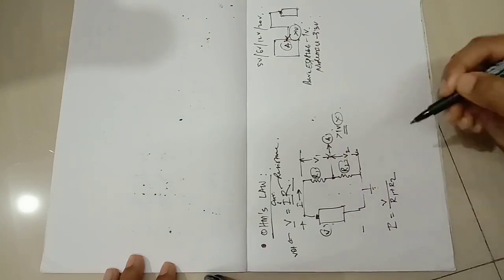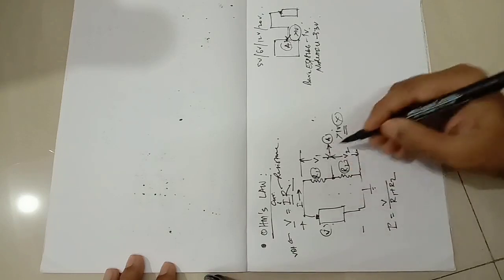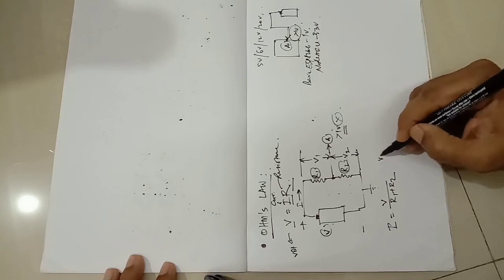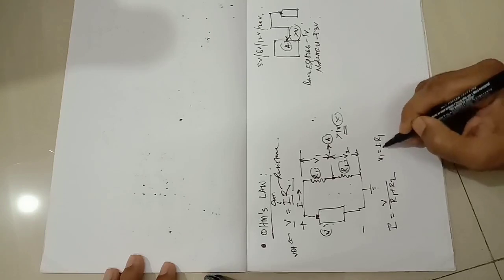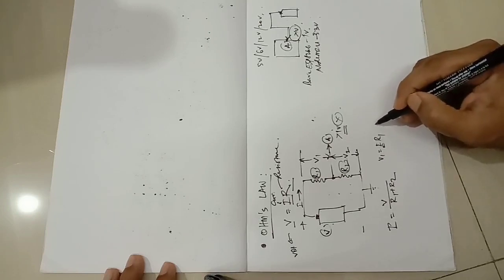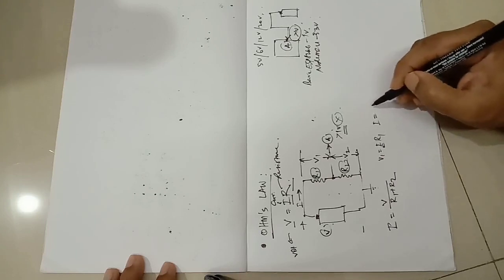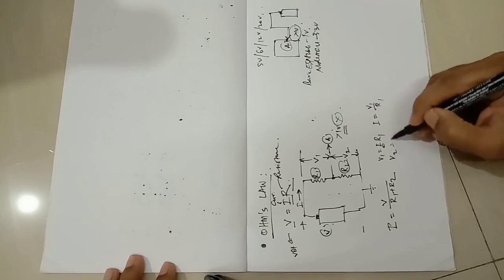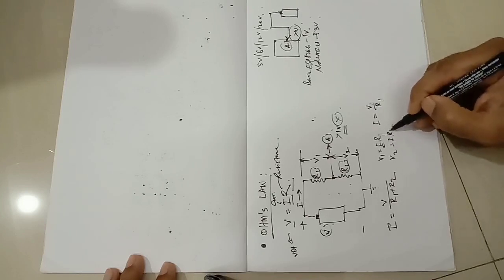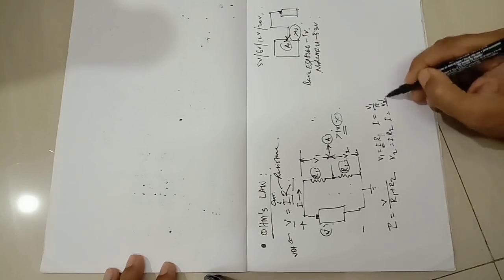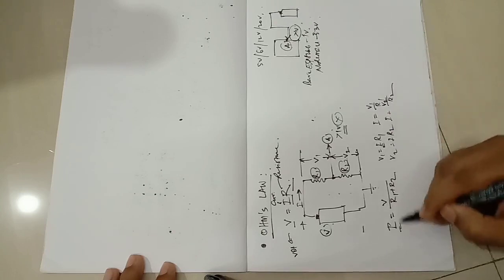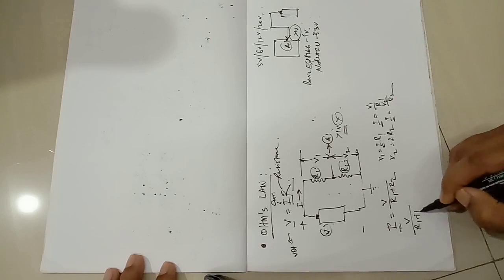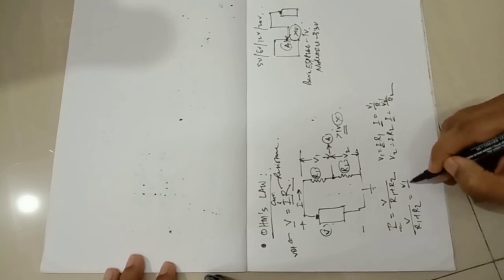Similarly, the same current is flowing through all the resistances. So V1 is equal to I into R1, which means I is equal to V1 by R1. Similarly, V2 is equal to I into R2, which means I is equal to V2 by R2. Now this I and this I are all the same, so we can equate V by (R1 plus R2) is equal to V1 by R1.